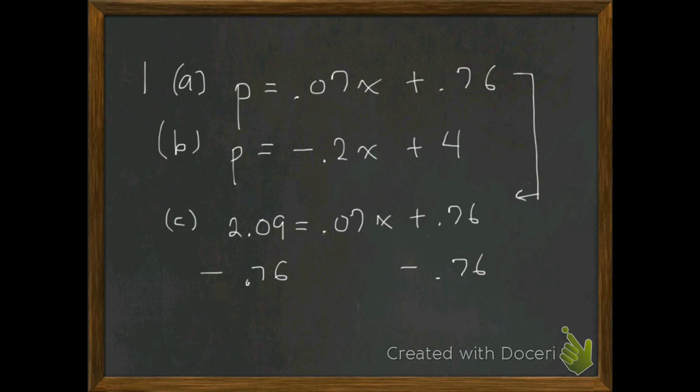And we get 1.33 on the left, and we have 0.07x on the right. So guys, divide by 0.07. And we get x equal 19, which remember would be in thousands.